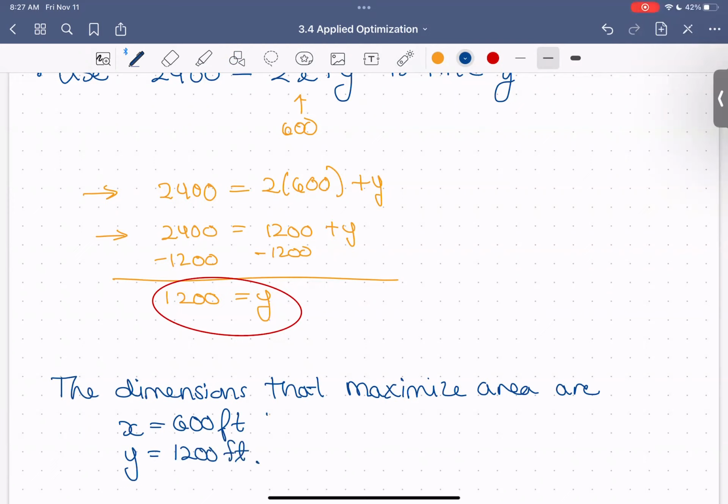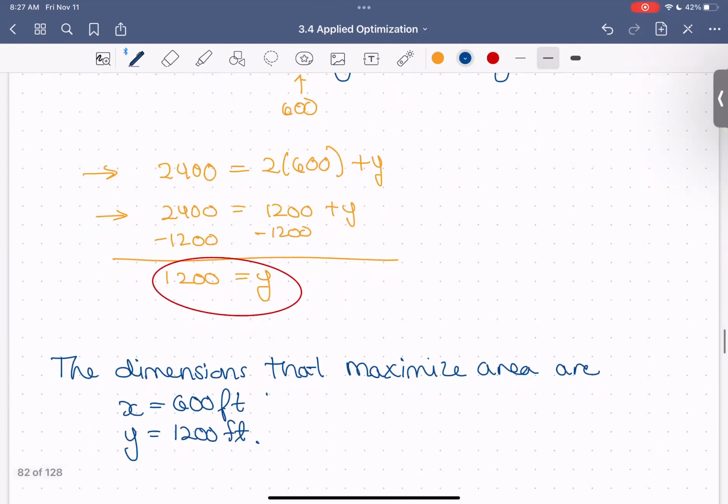All right, now just for a little extra in this problem, what if instead of the dimensions that maximize area, they asked us for the maximal area? So we are so close to finding that value. We know that area is equal to the X times the Y. So the maximum area is going to be 600 times 1200.